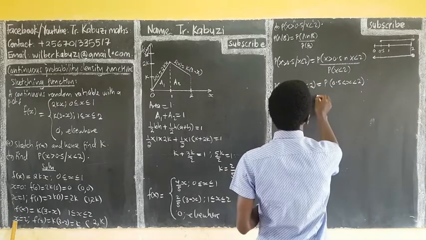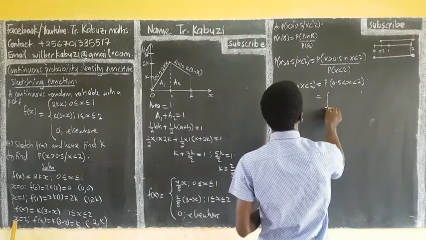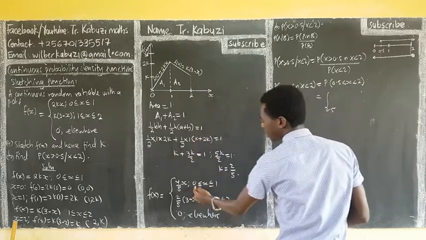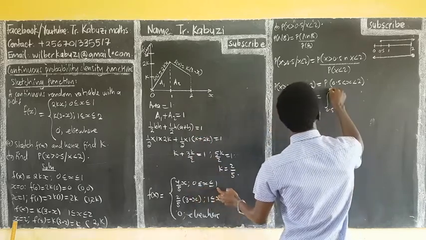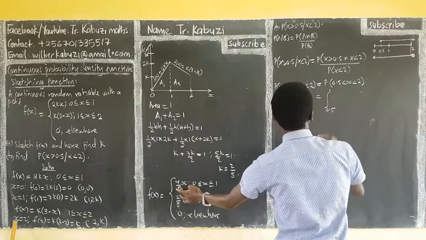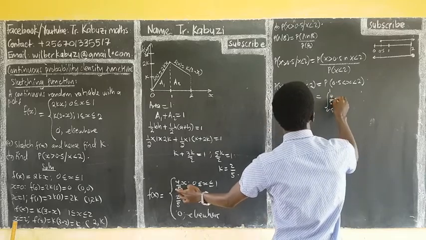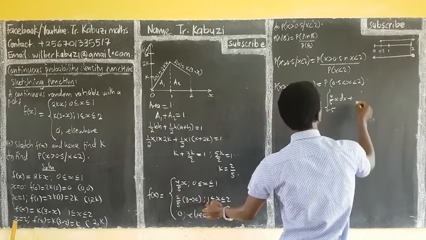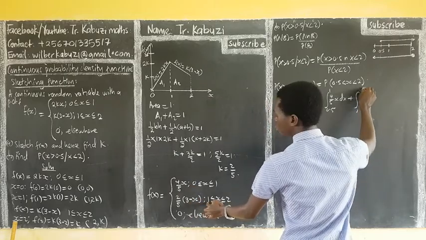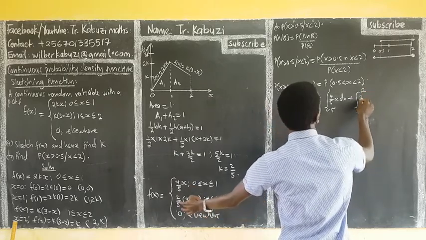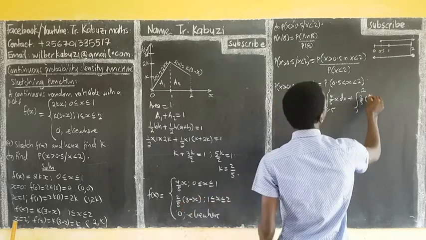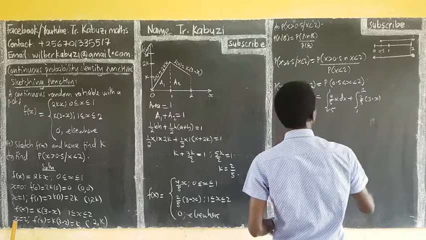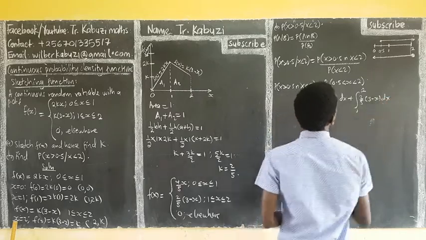So this will be the integral from 0.5 to 1 of our function, which is 4 over 5 x dx, plus the integral from 1 to 2 of 2 over 5 times 3 minus x dx.